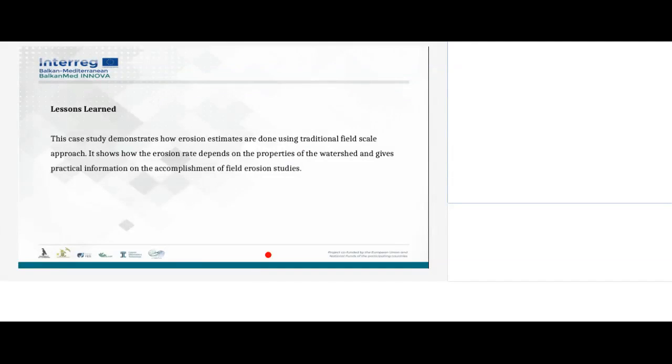And this is the end of my presentation. I hope that this was a useful and good example of the application of different methods for evaluation of soil quality.